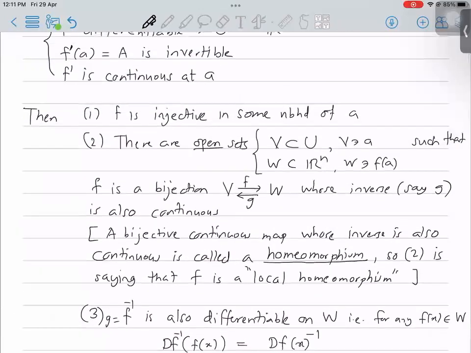Okay. Now, the function that I am defining, what am I doing? I'm shifting in the domain, I'm shifting in the range, and I'm multiplying by an invertible matrix. All of these are themselves bijective maps. So whether the original map is injective or not in some part is not going to change. The open set under consideration may change, but part 2 is asserting the existence of open sets.